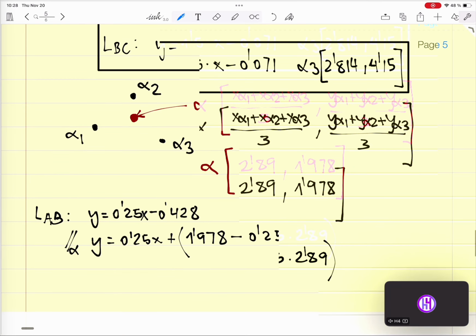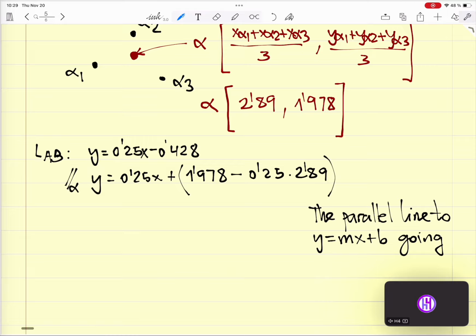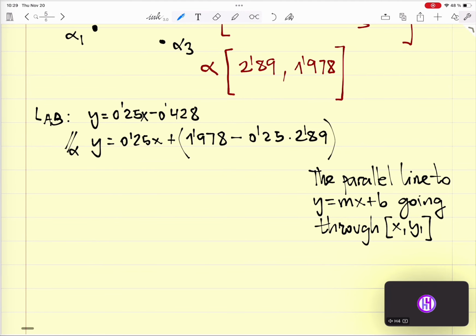Okay, so let me write it here. The parallel line to y equal mx plus b going through x1, y1, I mean this is basic geometry, is y equal mx plus y1 minus mx1.